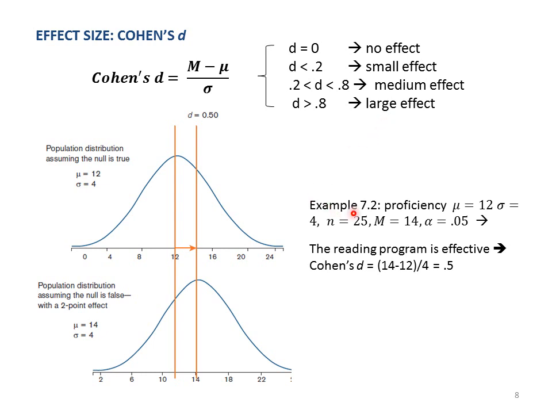In previous slide, the elementary school children's reading proficiency scores, we concluded that the reading program is effective, which means that there is a significant effect and there is a big difference between the sample mean and the population mean.